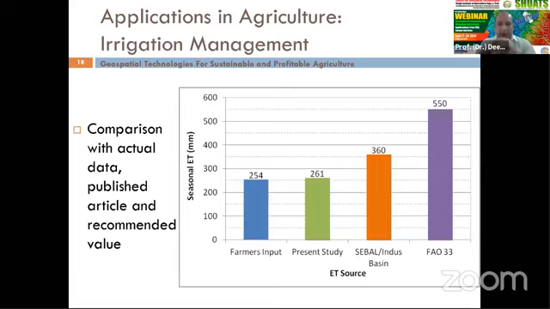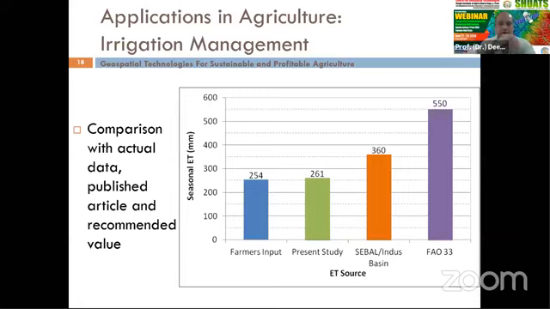And then FAO 33 recommends that for potential yield, at least 550 millimeters of water should be applied, or should be given to the crops for use.